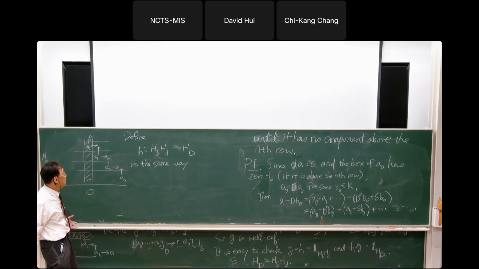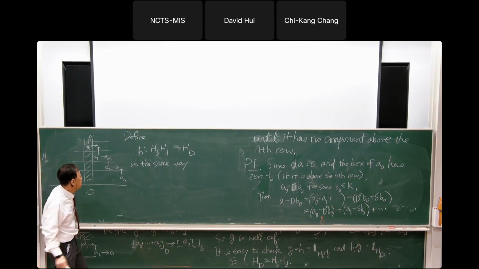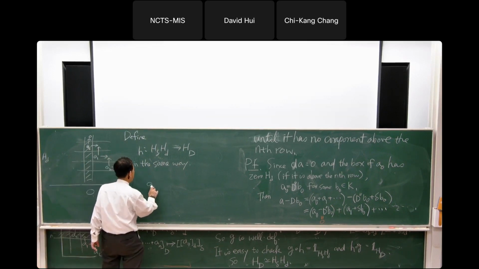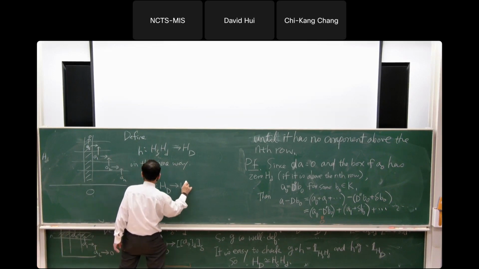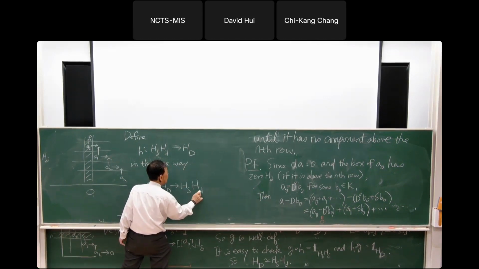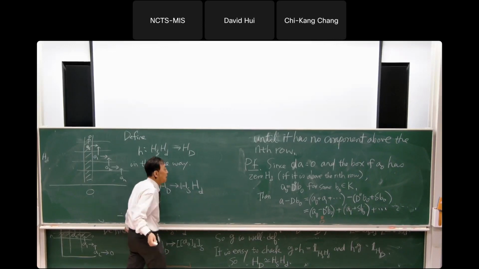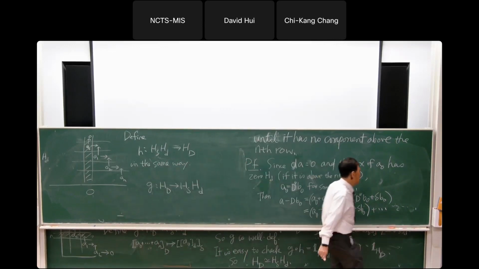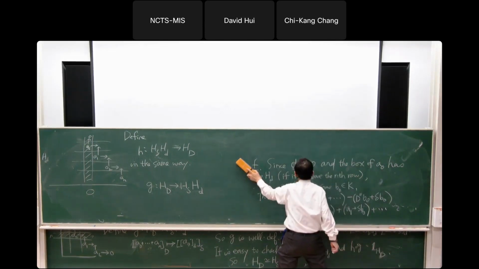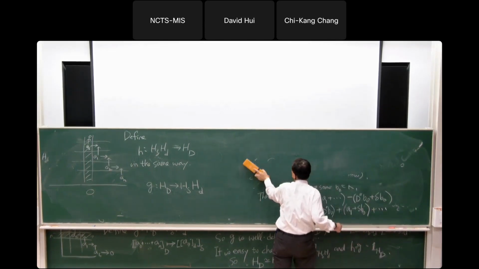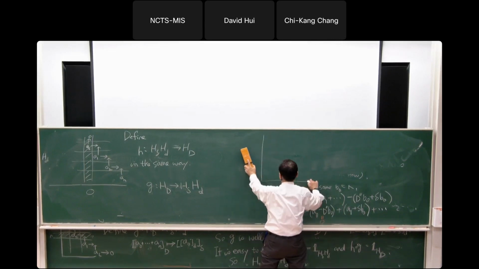And now suppose you want to define G from HD to H delta HD. So you will start with a big D cocycle.